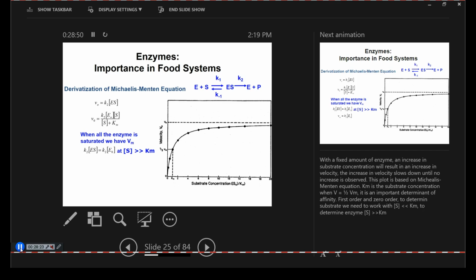So my enzyme total concentration equals the concentration of ES, because all of the enzyme is in this form now. It's saturated. Okay? So when I have Vmax, then I have this equals this, because all of my enzyme is saturated. You can stop me at any point if I'm confusing you.